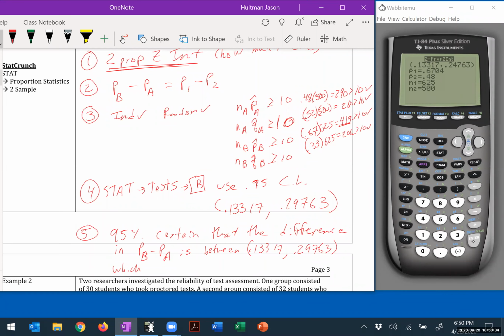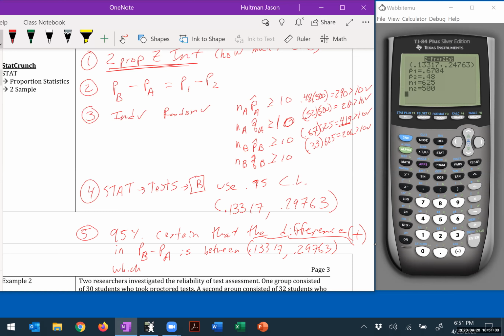It tells me that the difference had to have been positive. Why? Because the numbers in my confidence interval only contain positive numbers. These are all positive values. No negative values, and not even zero. If zero was included, then I could say it could possibly be equal.